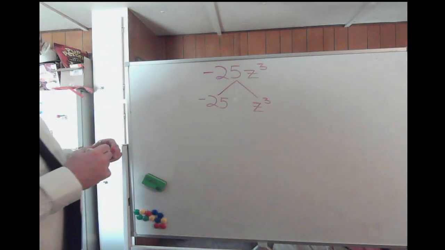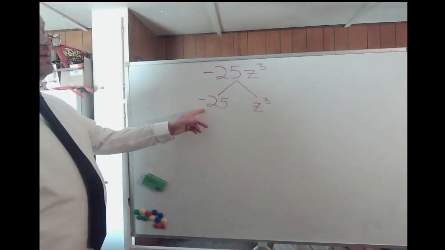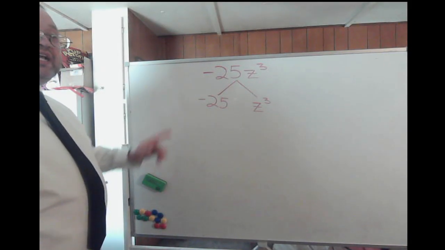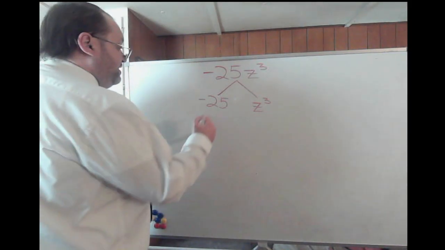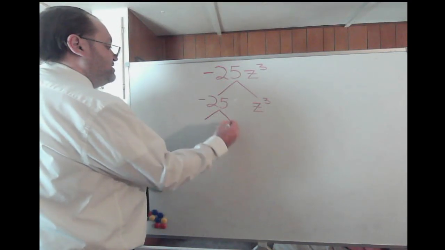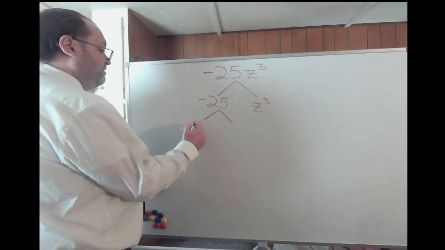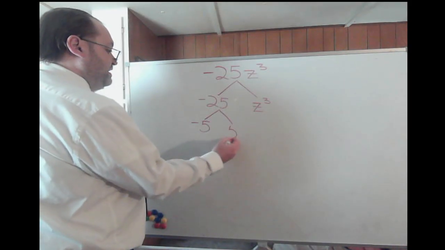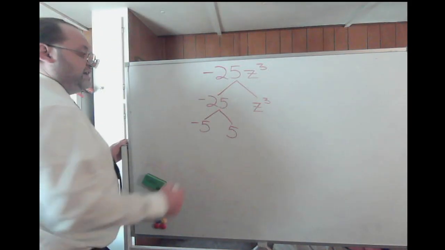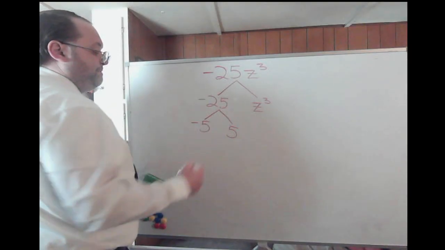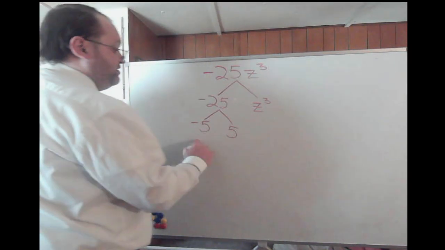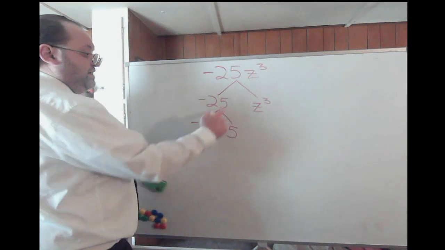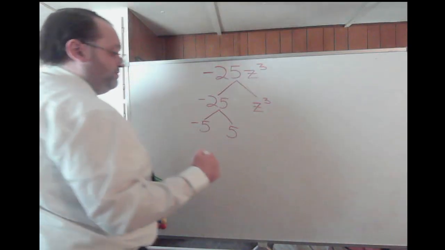We have a negative, so the negative sign kind of just hangs out there. The factors of negative 25 are negative 5 times positive 5. That would be a factor. You can't break down the 5's any further. You're done with the negative 25 aspect of your prime factorization.